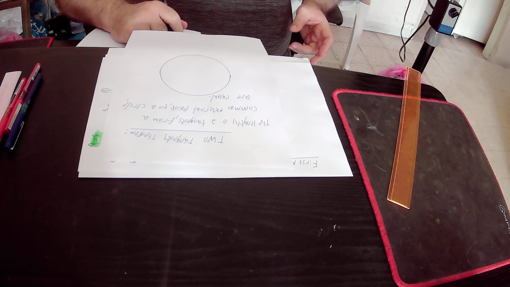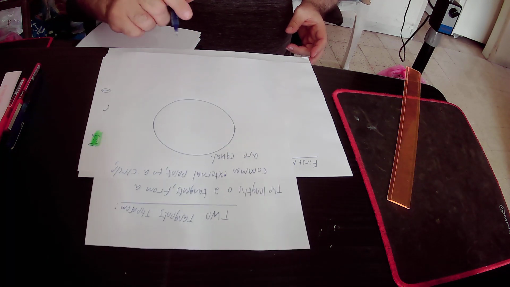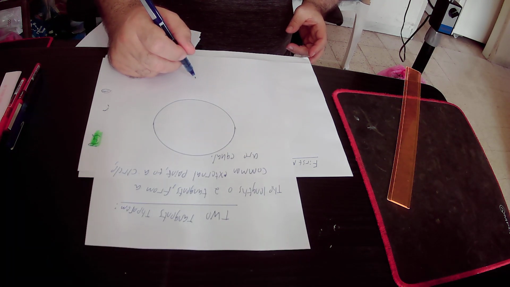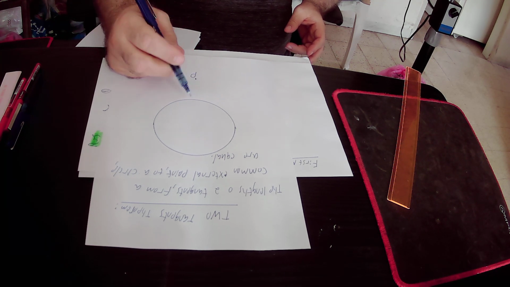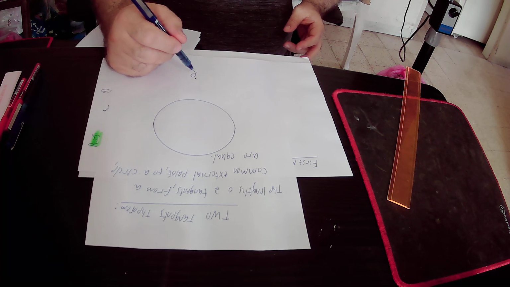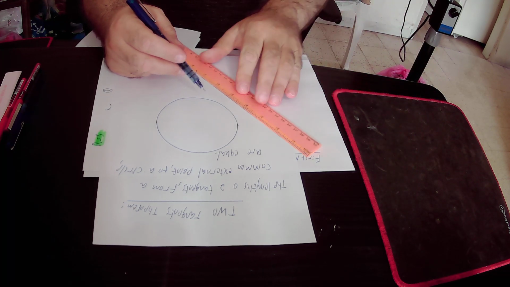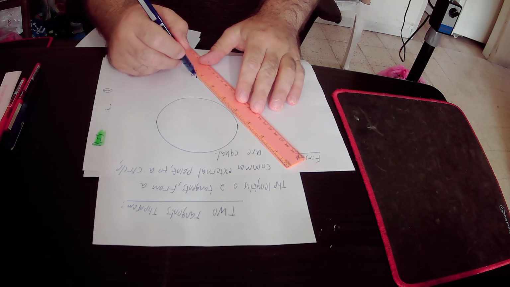So actually, if we have a common external point, that is to say point P is an external point in relation to this circle, and from this common external point we draw two tangents to this circle. This is the first tangent.